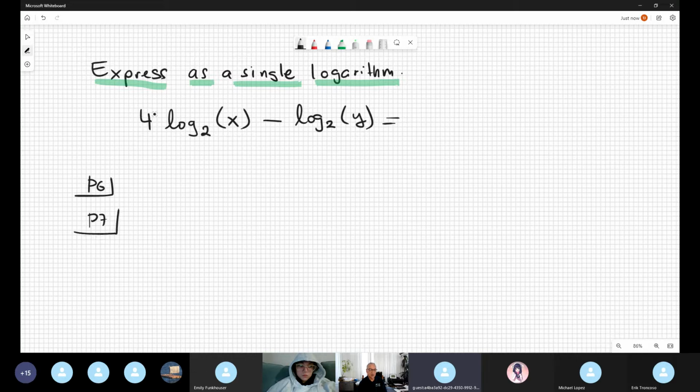Property number 7 is this factor. I move it, but in the opposite direction, like an exponent. And you condense into only one logarithm. The base must be the same. You have base 2 here and base 3 here. No, we cannot apply the property.